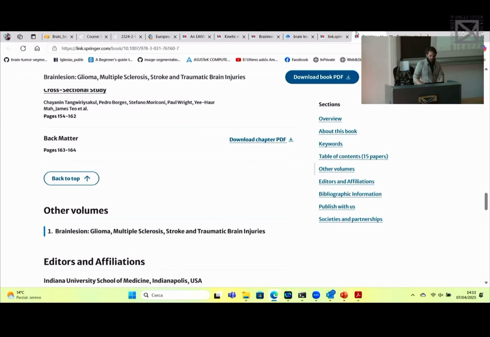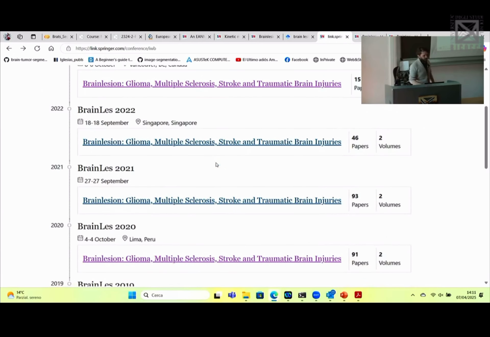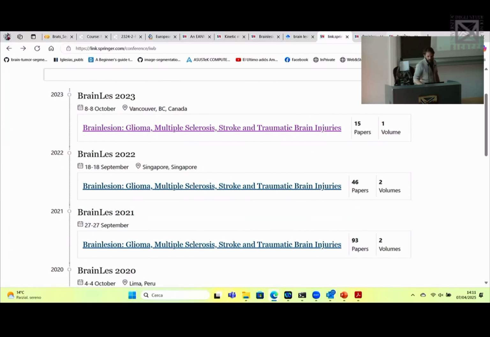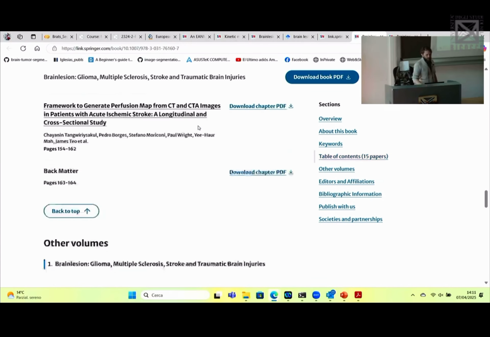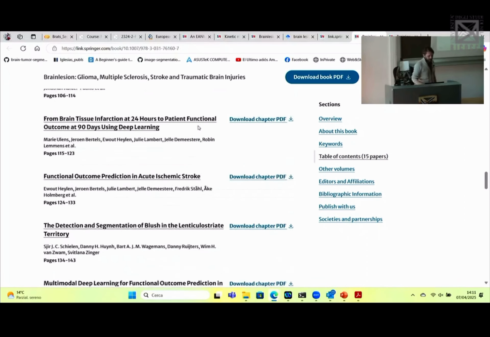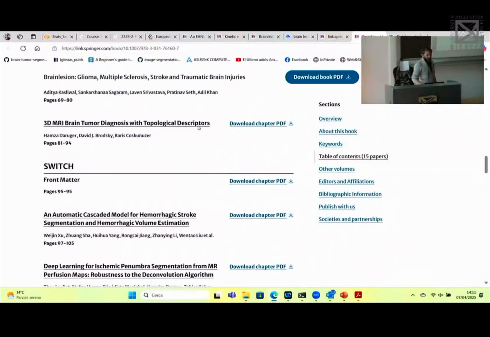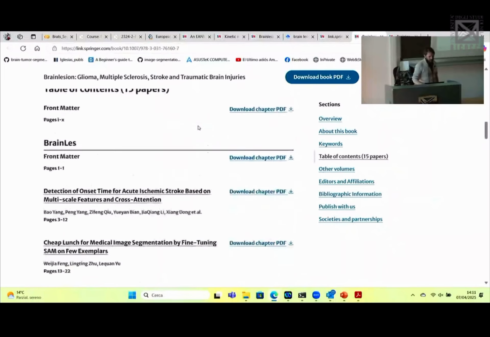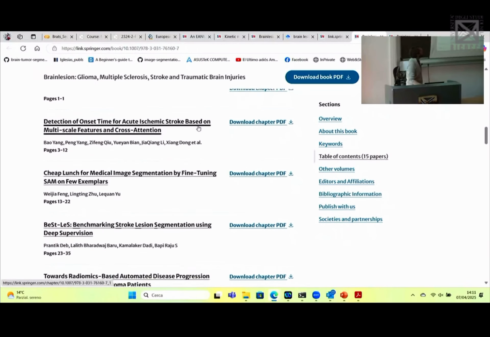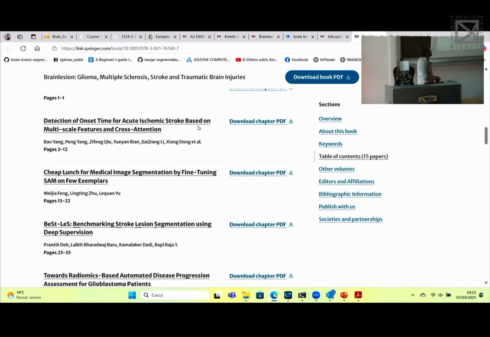Each of these links is a collection of the papers of that conference. If you click on the first one, 2023, which is the last edition, you can find a selection of papers about different topics related to brain image segmentation.